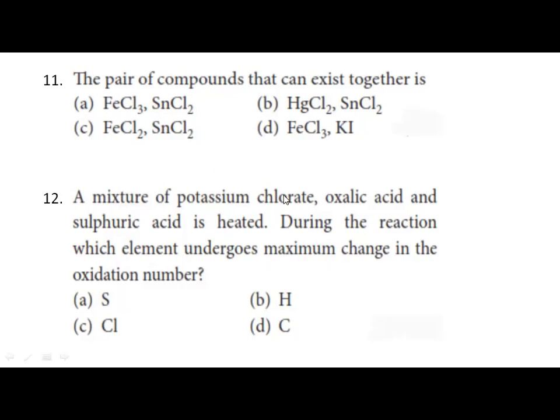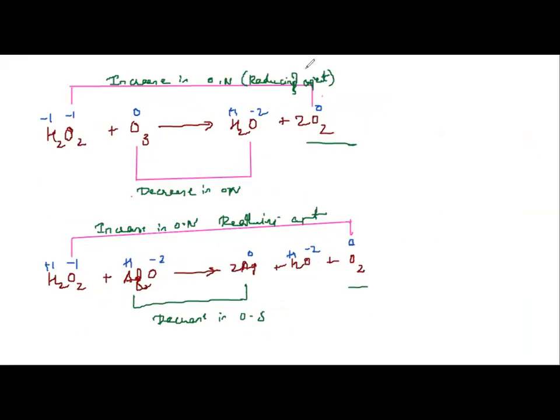Next question. A mixture of potassium chlorate, KClO3, oxalic acid, C2H2O4, and sulfuric acid, H2SO4. During the reaction, which element undergoes maximum change in the oxidation state? For such questions, write the reaction itself. So what is the reaction?